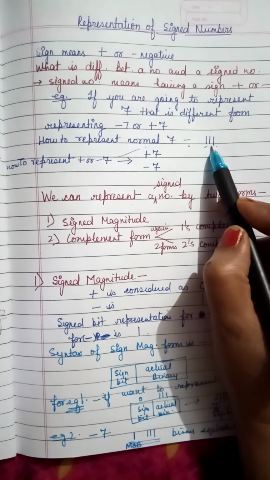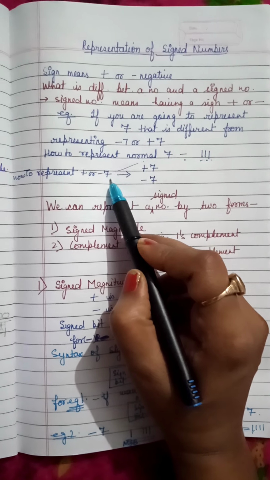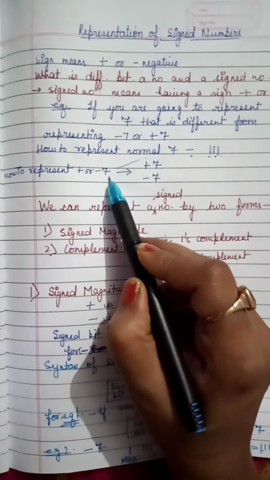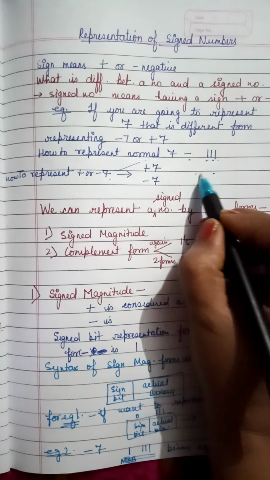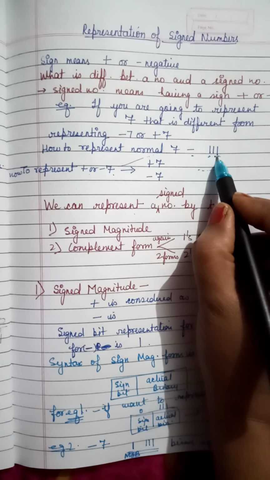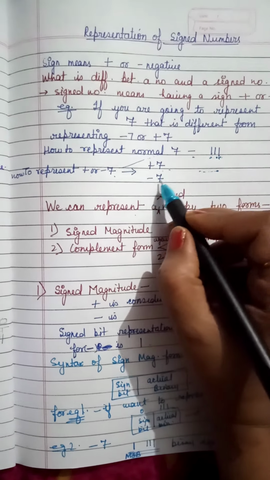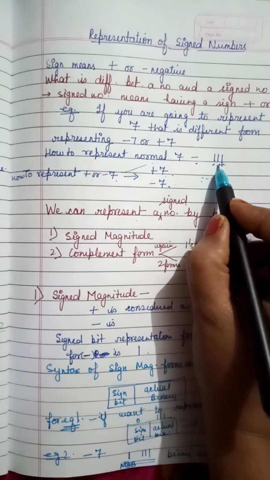But if you have to represent plus or minus 7, then the equivalent binary will be different from 111. This is the normal 7, but plus 7 and minus 7 will differ from this.